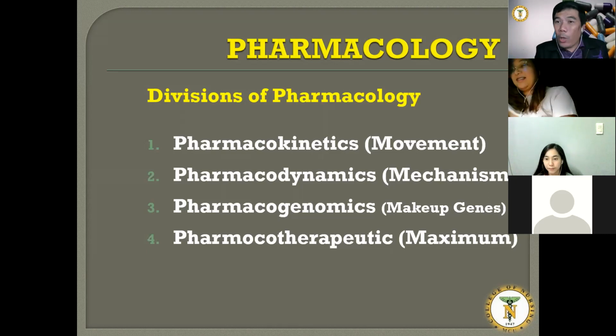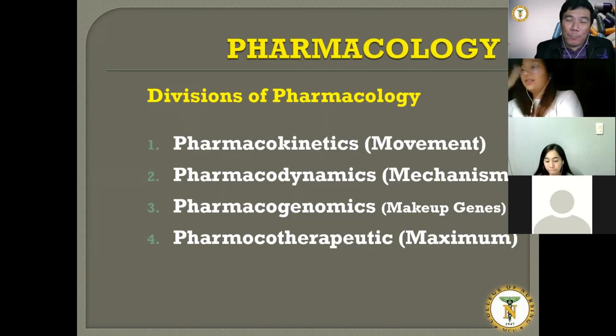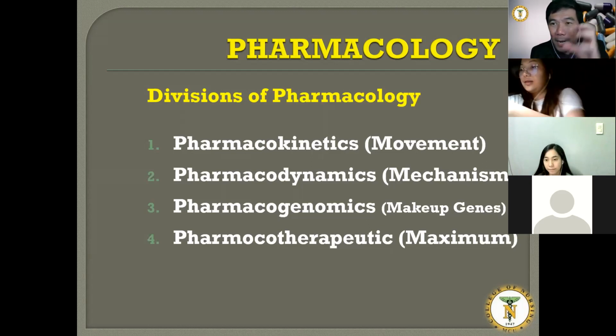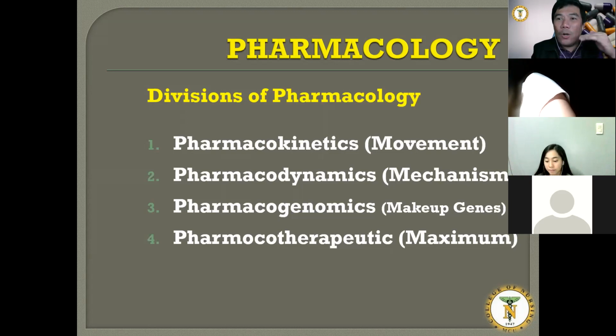Example, let's go back to ambroxol. From the ambroxol itself, when the drug is carried by the plasma to the respiratory system and is taking action to liquefy the mucus secretion, that is already pharmacotherapeutics.